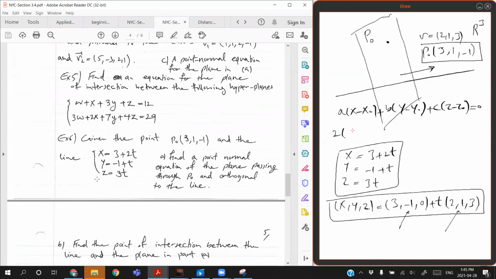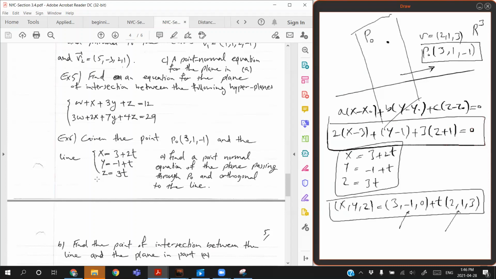So we get 2 times x minus 3 plus 1 times y minus 1 plus 3 times z minus 1 plus 1 is equal to 0. So that would be a point normal equation for the plane that passes through the point P0 and is orthogonal to the line. Any questions?